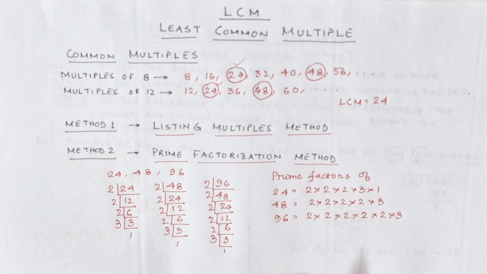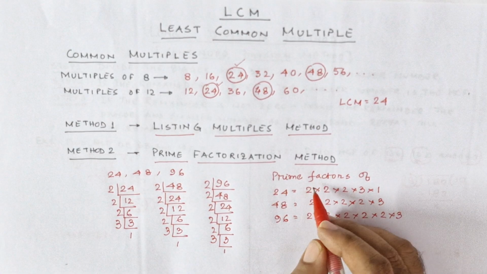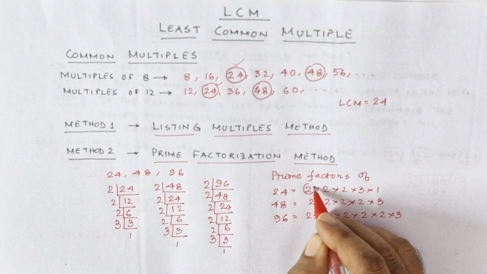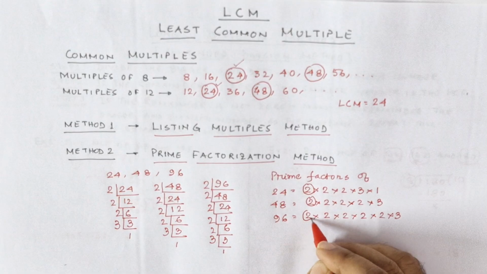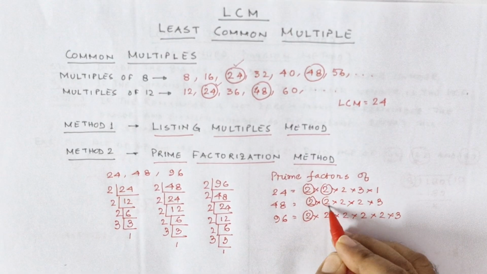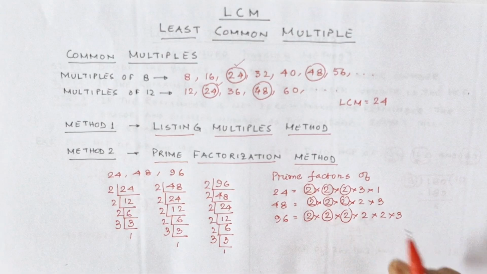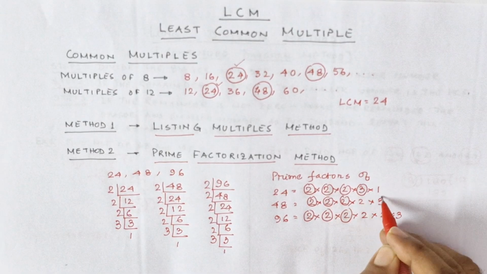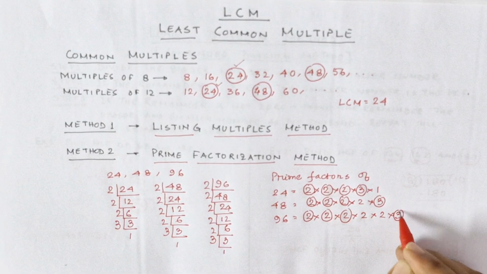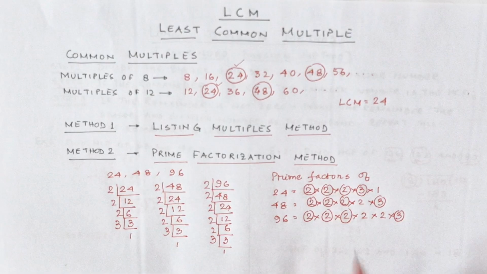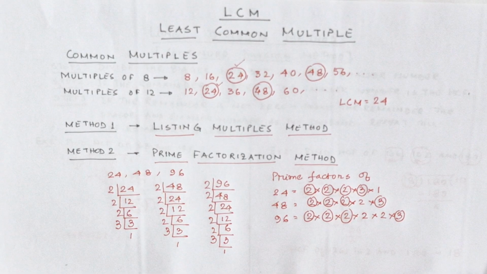So what you need to do is find out the common factors and circle them. So this is common between these 3. This is also common between these 3. This is also common between these 3. And we have 3 as a common factor between these 3 numbers, right? So what will we write?